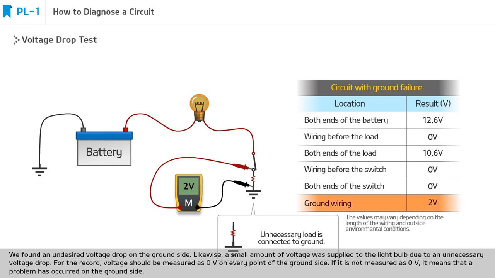We found an undesired voltage drop on the ground side. Likewise, a small amount of voltage was supplied to the light bulb due to unnecessary voltage drop. For the record, voltage should be measured as 0 volts at every point of the ground side. If it is not measured as 0 volts, it means that a problem has occurred on the ground side.